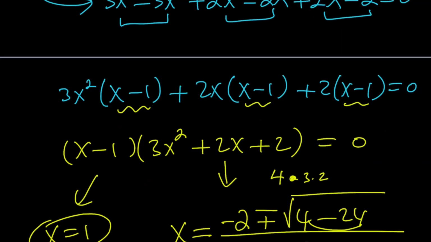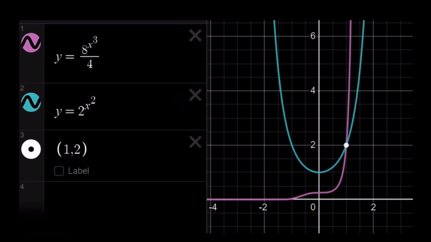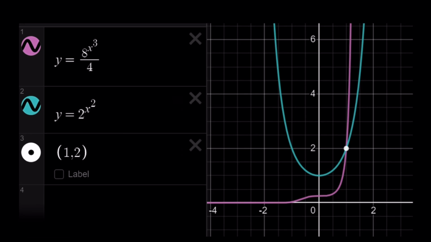All right, let's go ahead and take a look at the graph of two things here. And I think the graphs are pretty interesting, especially the cubic one, because look at it. Isn't that a really interesting shape? So we have 8 to the power x cubed divided by 4. Obviously, you can write this as a power of 2, like 2 to the power 3x cubed minus 2 as well. Just another way of writing it.